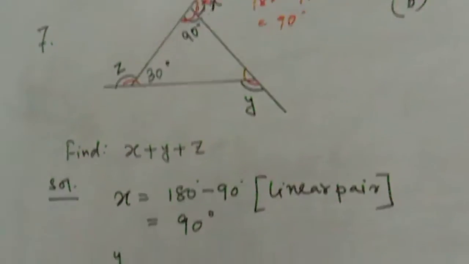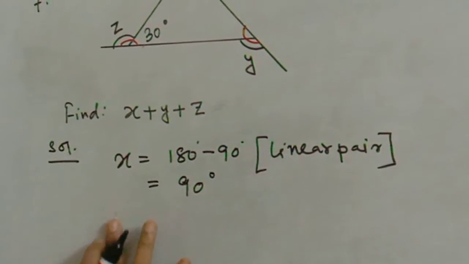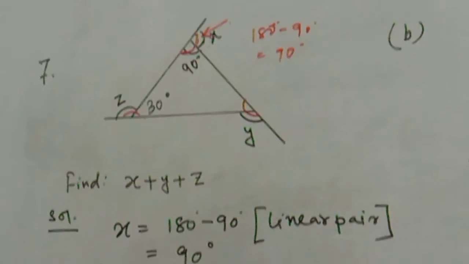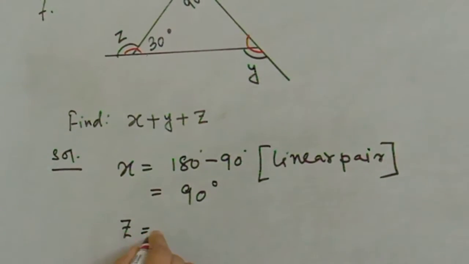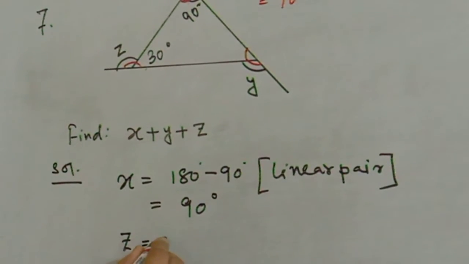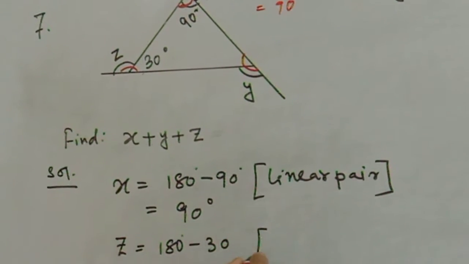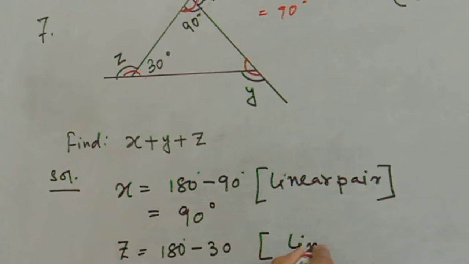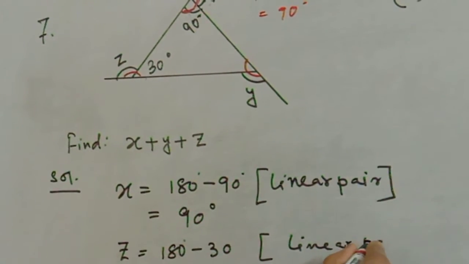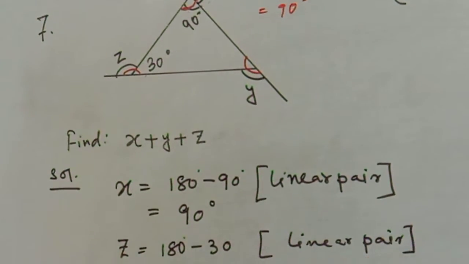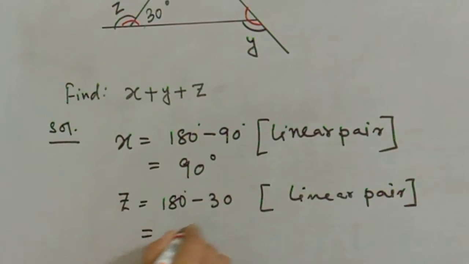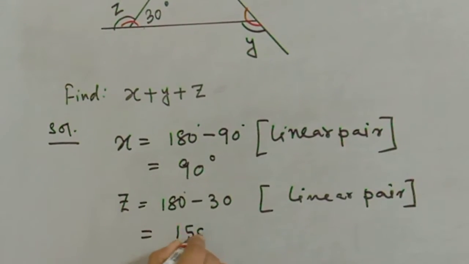Similarly afterwards you can find y. Now z, first you find z is equal to 180 degree minus 30 degrees. Similarly it is also linear pair. So z is equal to 150 degree.